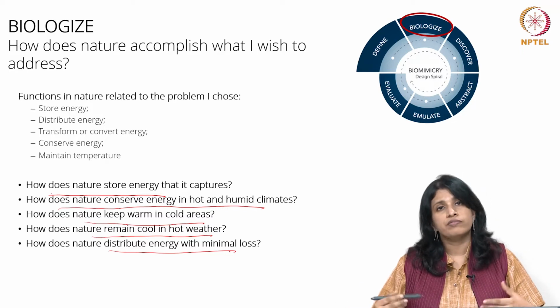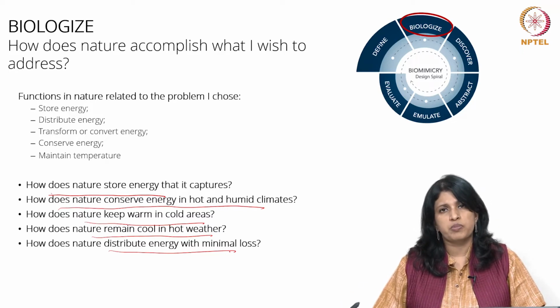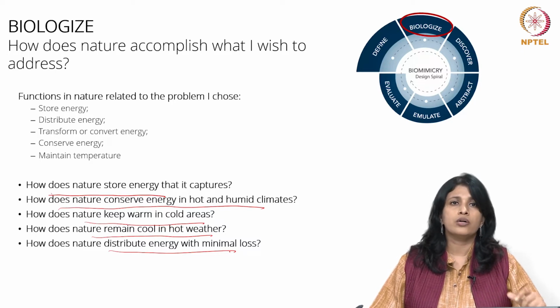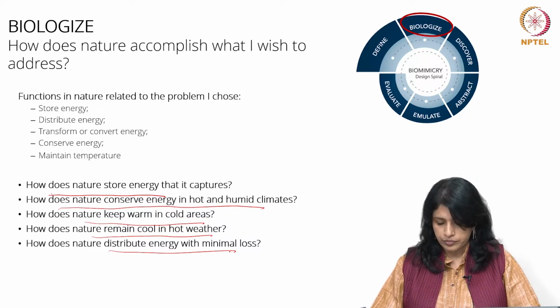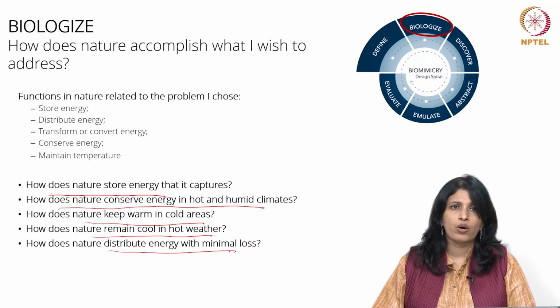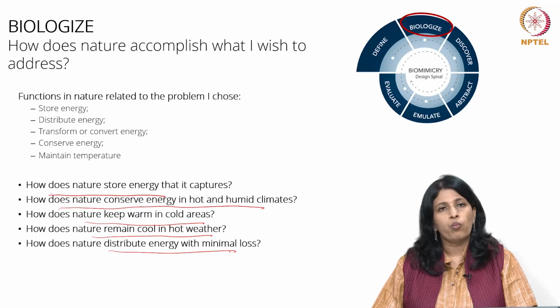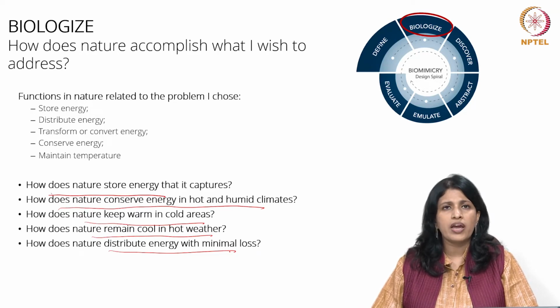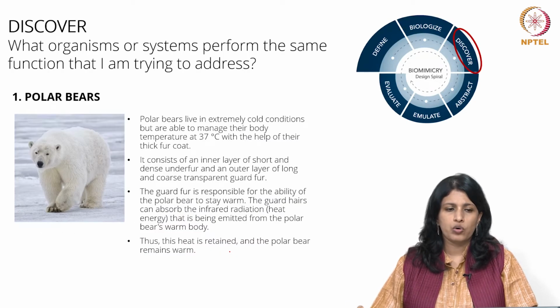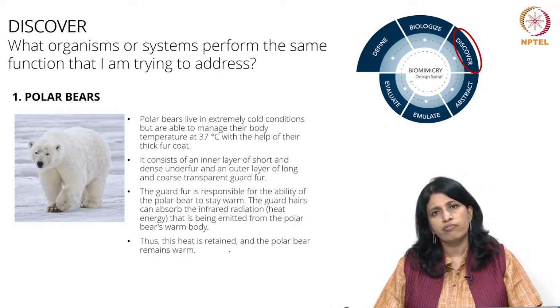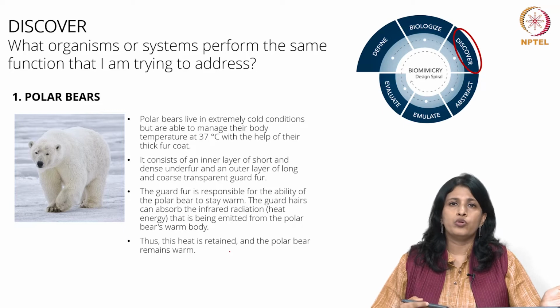You're looking at functions that are related to this specific problem and looking at, therefore, how does nature accomplish that function. So, having done biologize, which is the next step of the biomimicry spiral, what you need to do next is discover. So, in discover, what are you doing? You're looking at organisms that perform the same function as you mentioned in your biologize step.